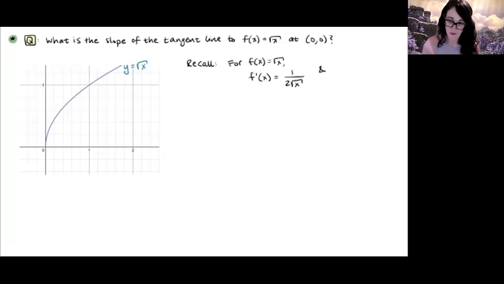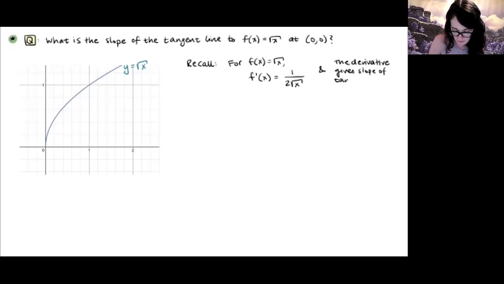So the derivative gives the slope of the tangent line at a point.